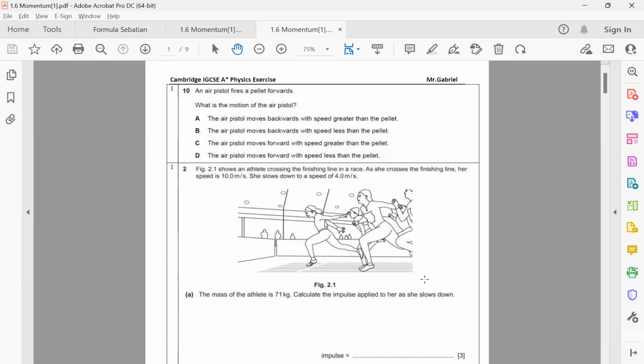Is it V or U first? Is that a U or V? Good. Now you extract all the information one by one, right?